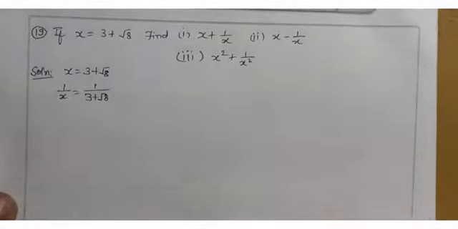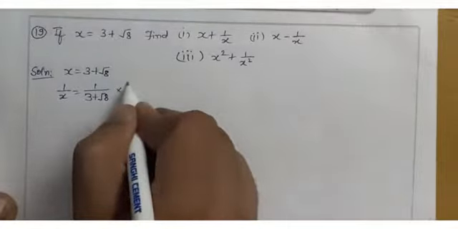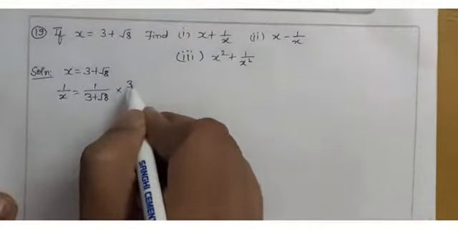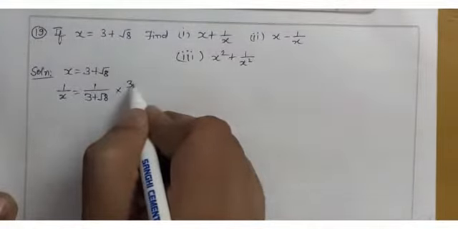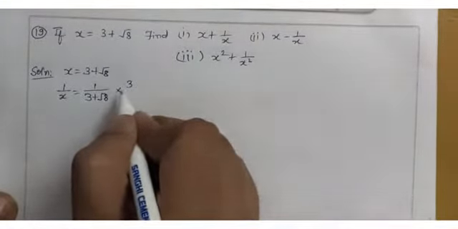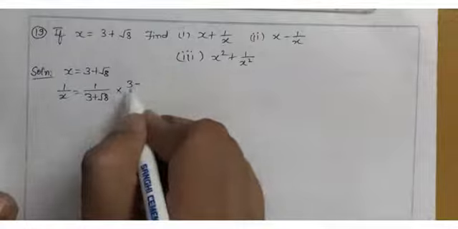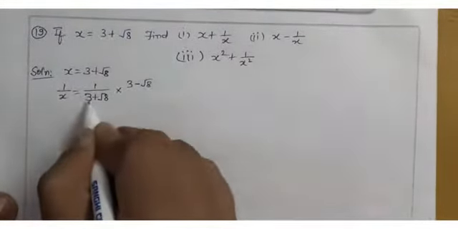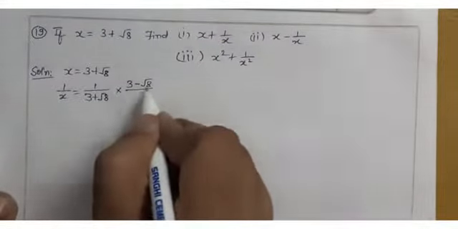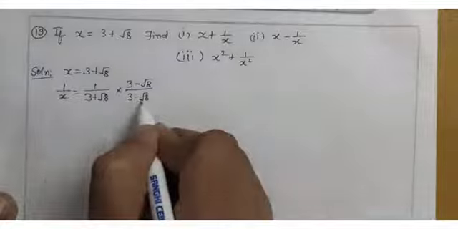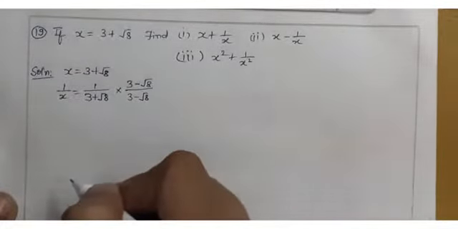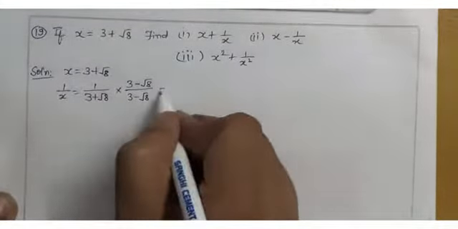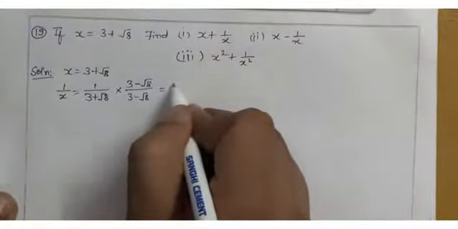Isn't it? Then what to do? You have to multiply and divide by which factor? The name was rationalizing factor. The rationalizing factor of 3 plus root 8 is 3 minus root 8, because if we multiply these two, we will get a rational number.